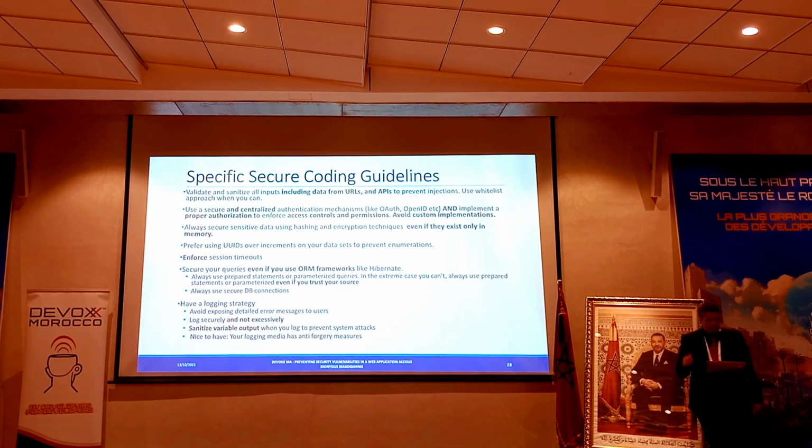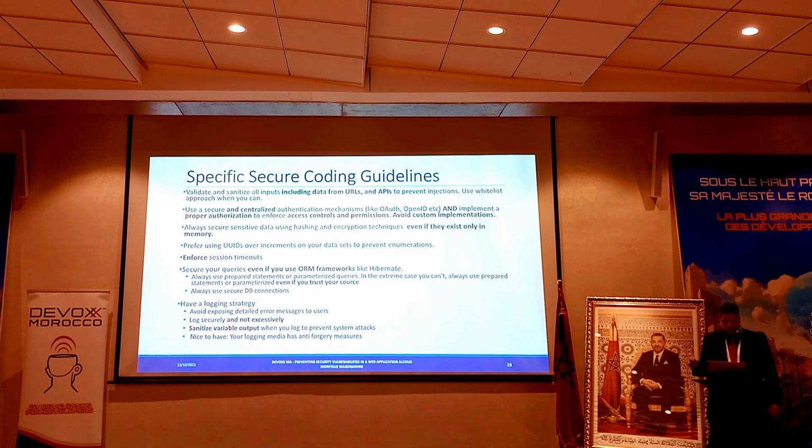Now, I'm going to talk to you about some specific secure coding guidelines from my experience. First of all, sanitize all your URLs and APIs, even if they come from sources that you think you can trust. Use centralized authentication, like OAuth2, implement proper authorization, and avoid custom implementations.